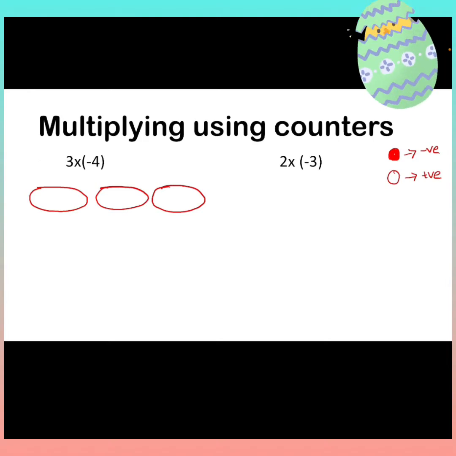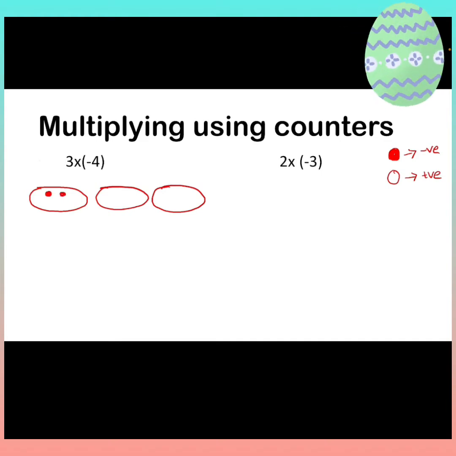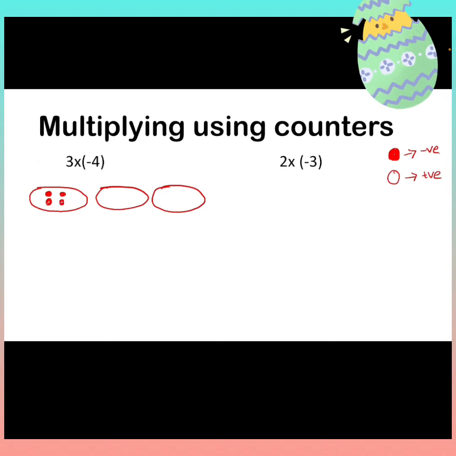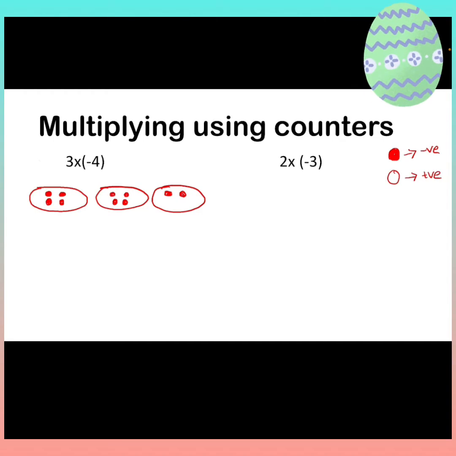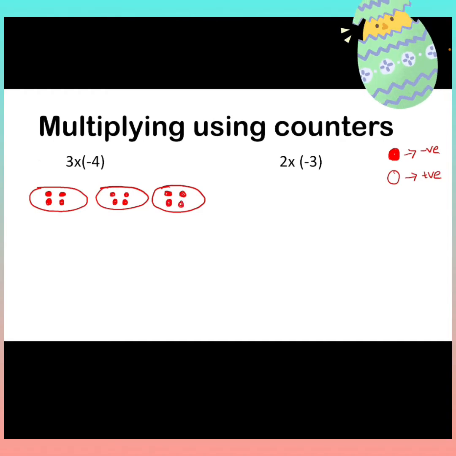The negative counter is the shaded one, so in each group I make 4 shaded counters. How many negative counters are there in total? You just have to add. When you add, you will see there are 12. So your answer is -12.